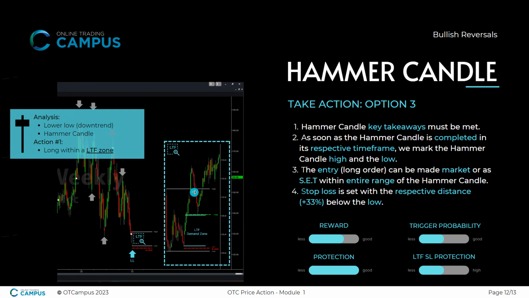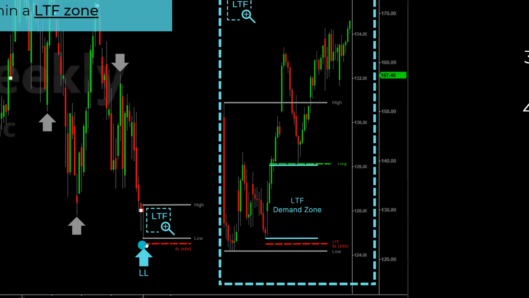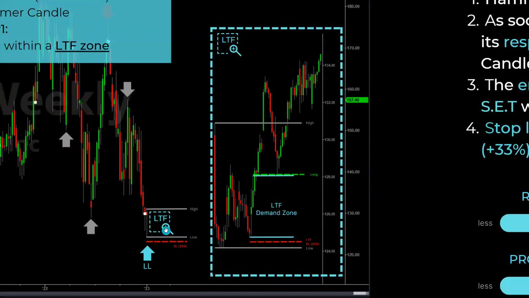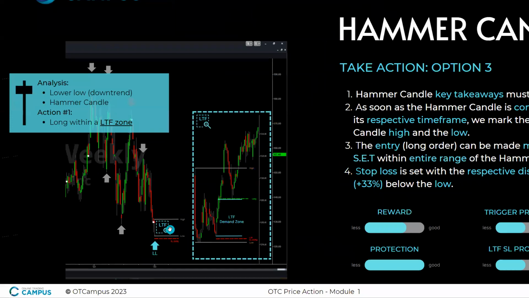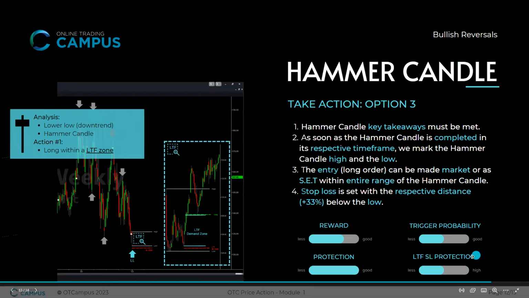We will see a small drop back to here, 130, and then another rally. Possible, we never know. And here we're talking about the protection of the higher time frame. This one, below the whole weekly demand, the whole weekly hammer candle, is really good, the best of the best. If you use a lower time frame stop loss protection, it's like 50%, right?